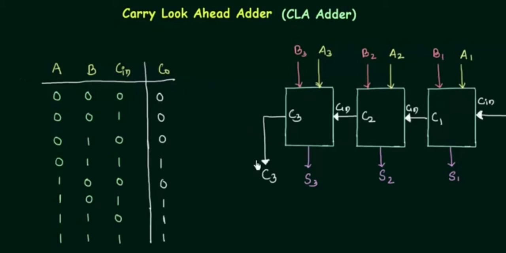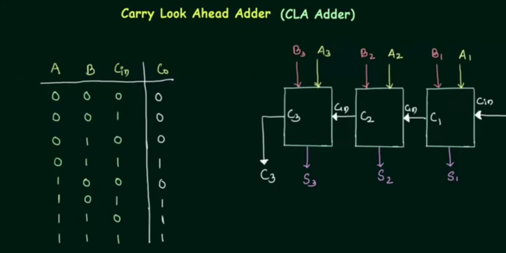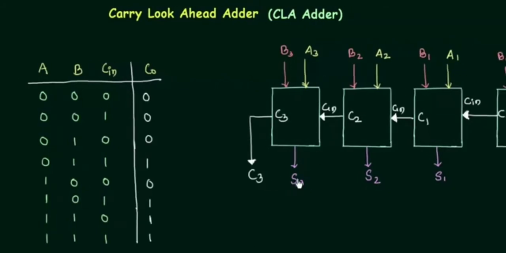Okay, the propagation delay of the sum and carry is different, and we are more concerned about the propagation delay of your carry. Why? Because let's say in this adder, once you are having C in, A3, B3, you are having your sum, okay, but for C3 you have to wait until the sum is calculated, because depending upon the sum you are going to have your carry.